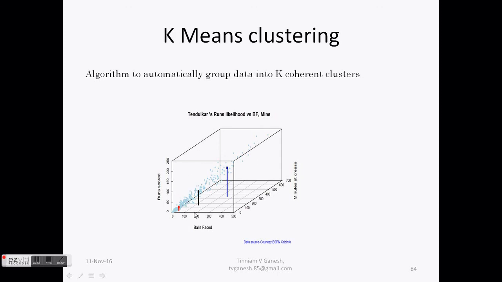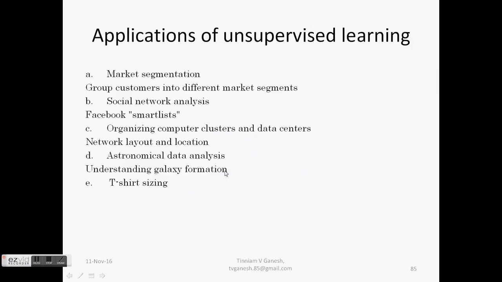If I had data like this, here I've shown balls faced, runs scored, and minutes in the crease of Tendulkar, and if we plot the data like this, then I can use a method known as k-means clustering and find the three clusters that are there for these data points.